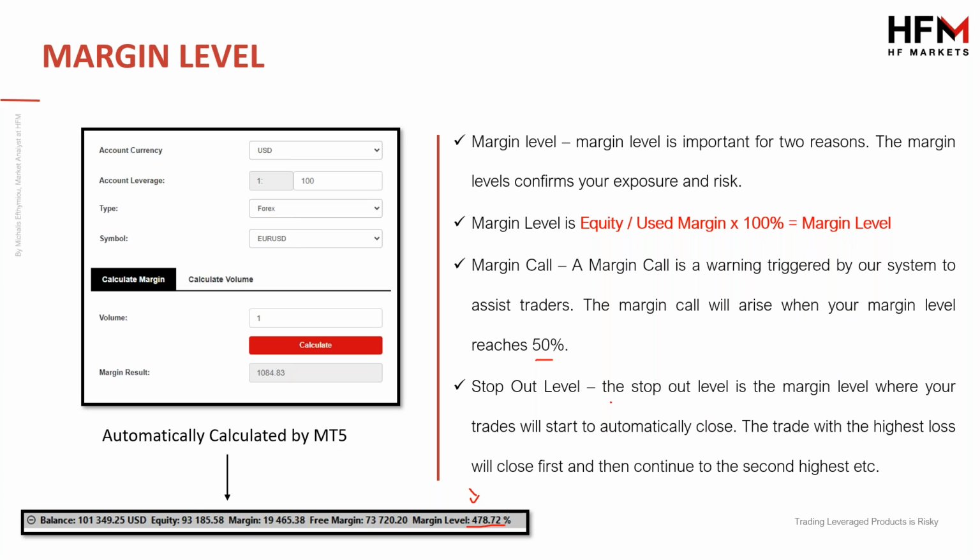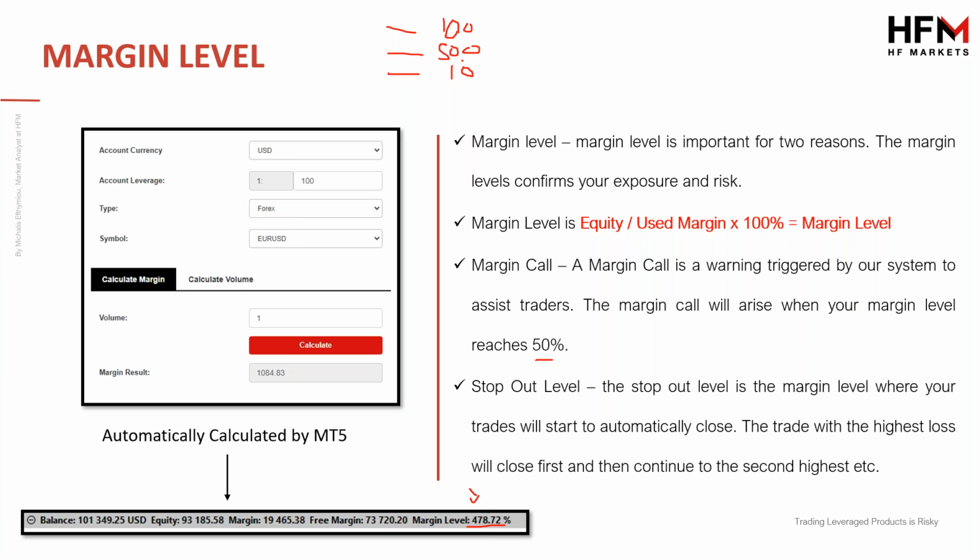Okay, the way the stop out level works is the stop out starts to happen at 20%. So your margin call is at 50%, your stop out will start at 20%. Let's say, for example, I've got one trade which is minus 100, a second trade which is minus 500, and a third trade which is minus 10.